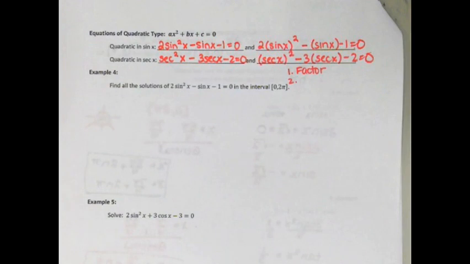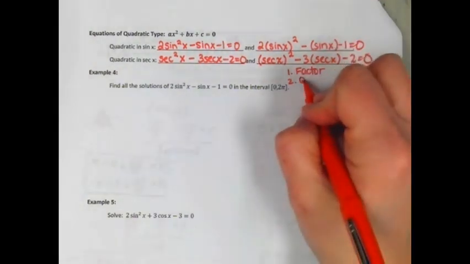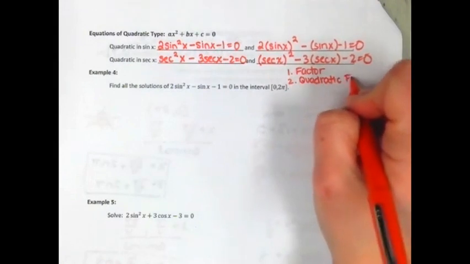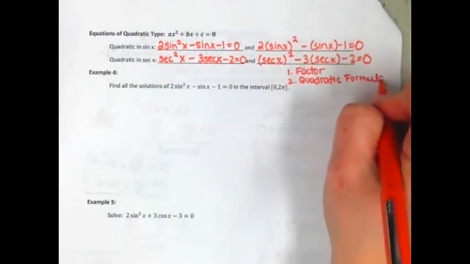You could do square roots, which we already did on the first page, but what's another one? The quadratic formula or completing the square. I'm not going to complete the square. That makes it 10 times harder, I think. So we're going to try to factor, and if we can't factor, we have to use the quadratic formula.